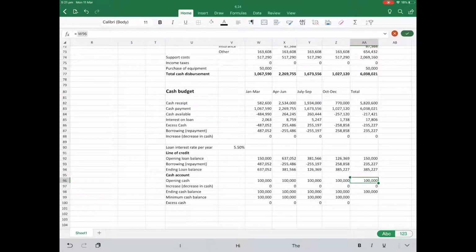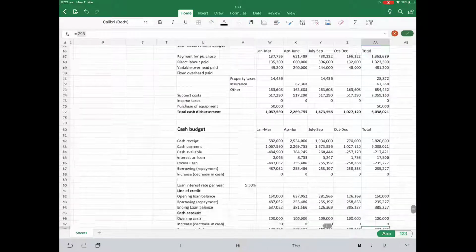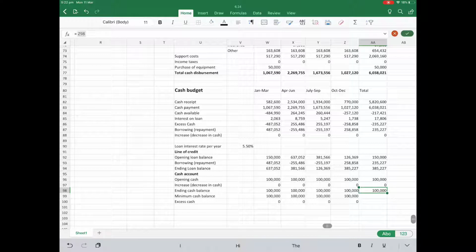If I take the opening cash balance in January plus all the increase and decrease during the year, I have the ending cash balance at the end of December. And that is just the same because they haven't made any excess cash. Okay, so that is everything for problem 6.24.